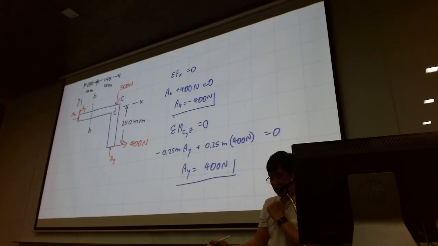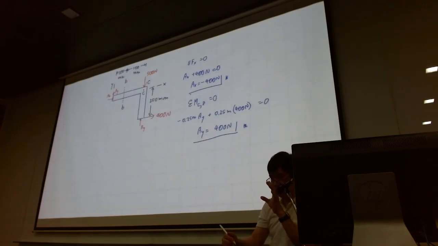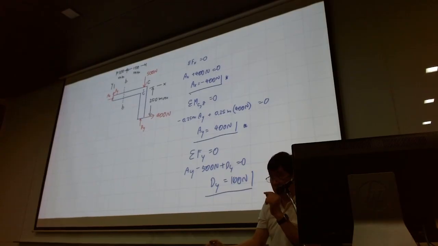So it means that I get my ax, I get my ay, I do not need to find my dy to proceed. Meaning that when this is only what I needed, if you get something else, like summation of the force in the y equal to 0, ay minus 500 plus dy equal to 0, and even though you get dy equal to 100 newtons, this one will not be awarded credits.